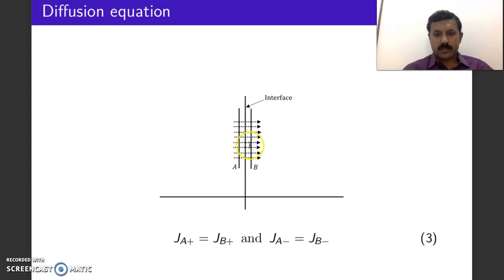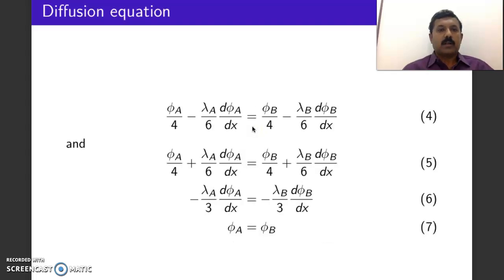That means you should have all these neutrons coming out in this region. Or if you have neutrons coming in this direction, Ja−, then you should have the same thing on Jb−. That means on both sides the neutron densities should be equal.